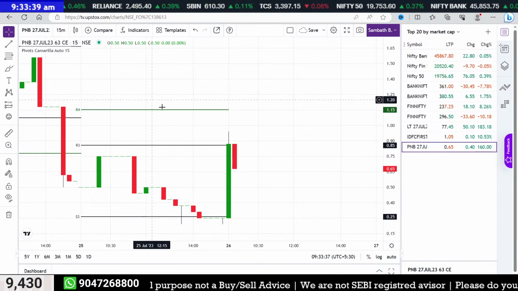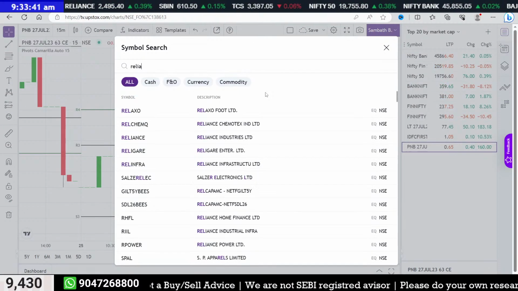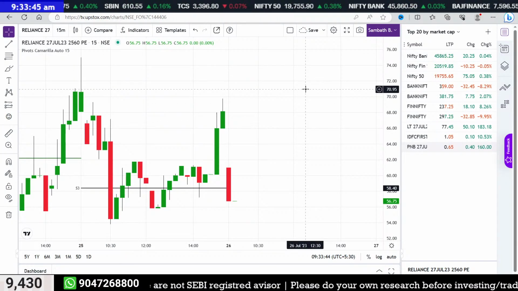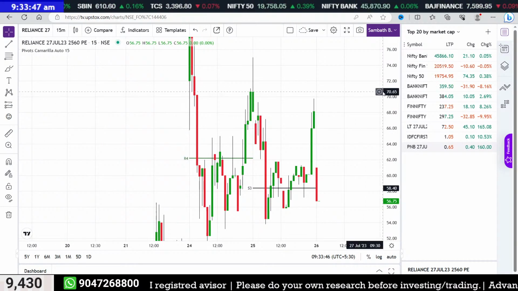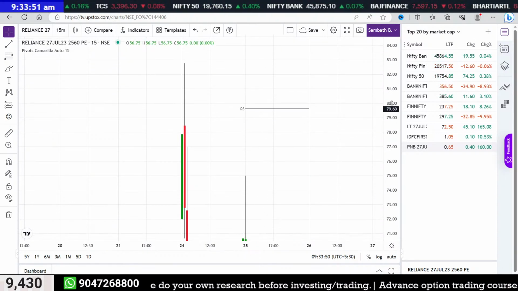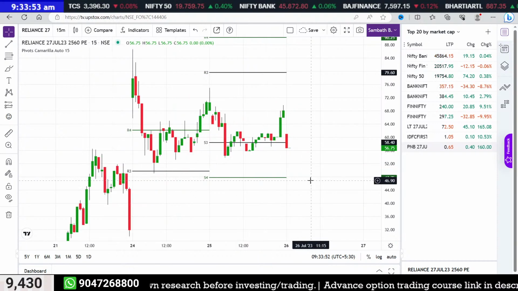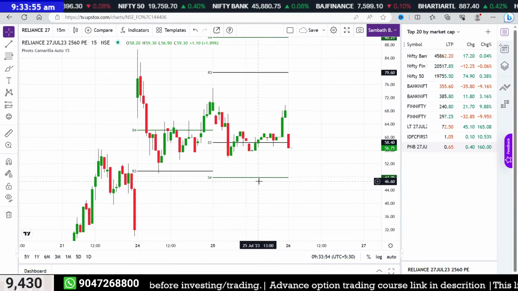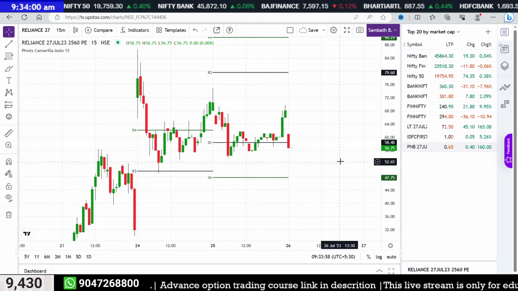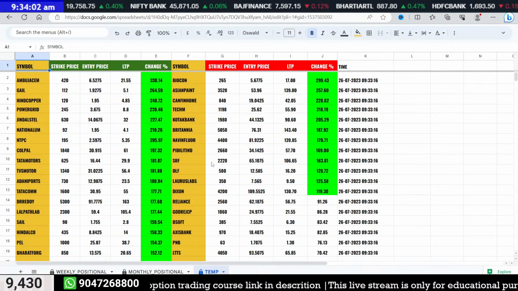Let me check this. I think it's already moved higher, almost 86, and now it is trading 58. So it's not a re-entry, it already moved gap up. Due to that gap up, it was not giving us such bigger opportunities.